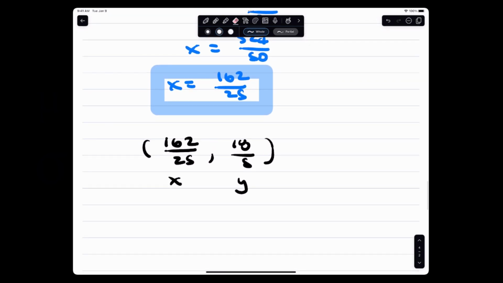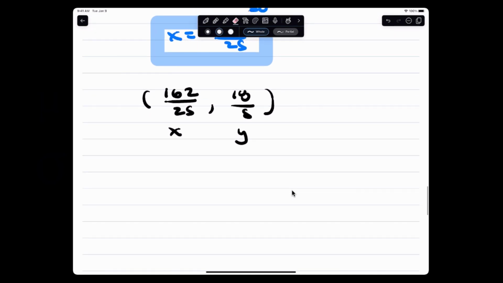I want to take a look at this numerically just so you guys can see. 162 divided by 25 is about what? 6.48.